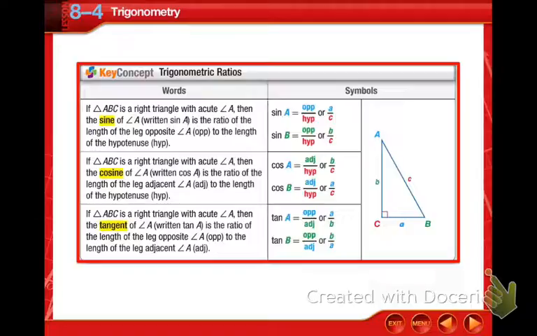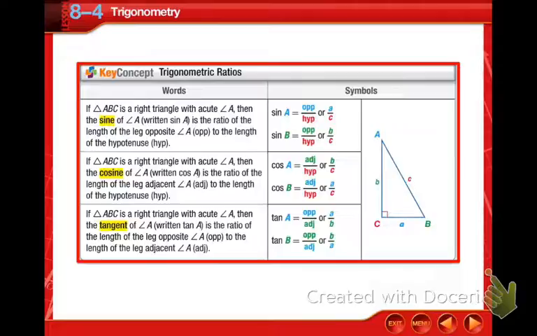And here they are. The trig ratios. So if triangle ABC is a right triangle with acute angle A, then the sine of angle A, written sine A, is the ratio of the length of the leg opposite of angle A to the length of the hypotenuse. So sine is equal to opposite over hypotenuse.